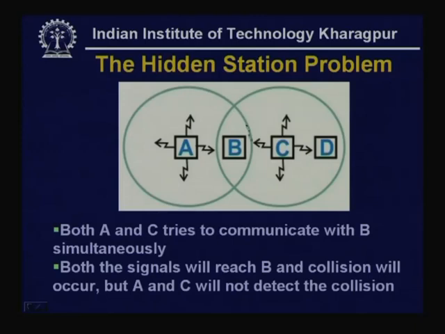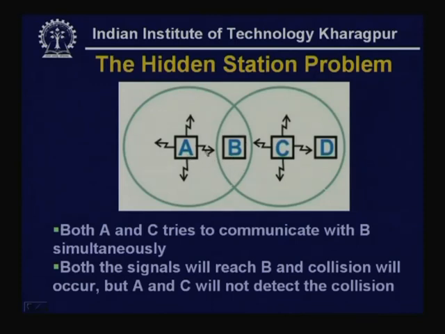That is the range of transmitter A. On the other hand, C is also transmitting simultaneously, and its range is shown with the help of the other circle. So the two circles show the ranges of two transmitters which are transmitting simultaneously. As you can see, B is in between.